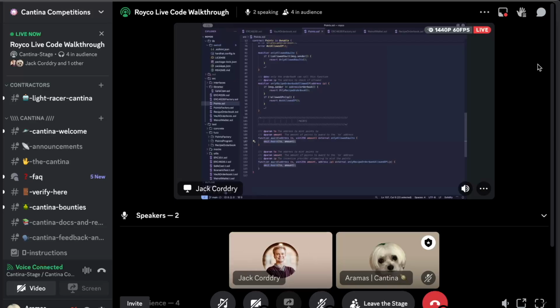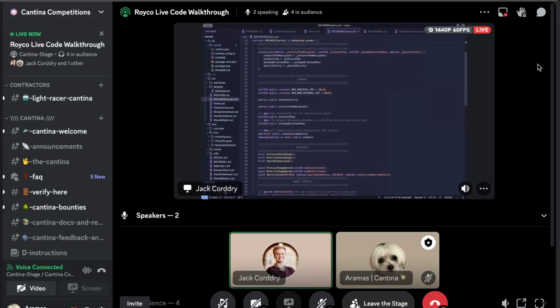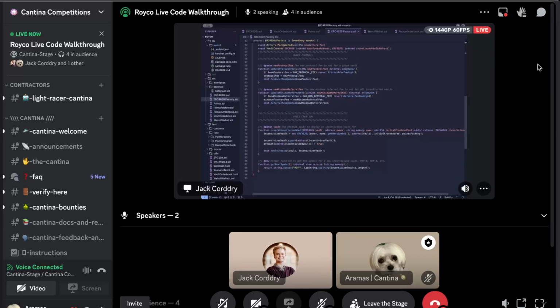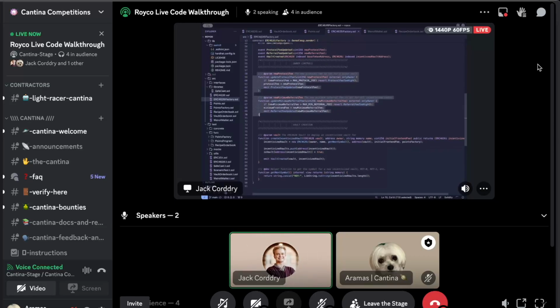but all that it does is emit this event that says so-and-so got this many points. And then we also have our 4626i factory, which deploys all of our 4626i vaults and keeps track of them. This is also where we have our fees. This is the front end fees, minimum fee, same thing.